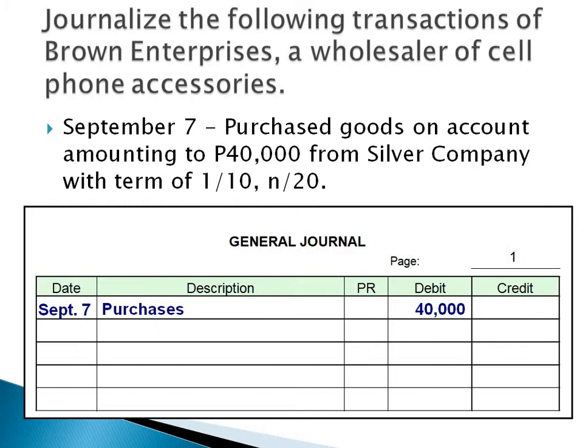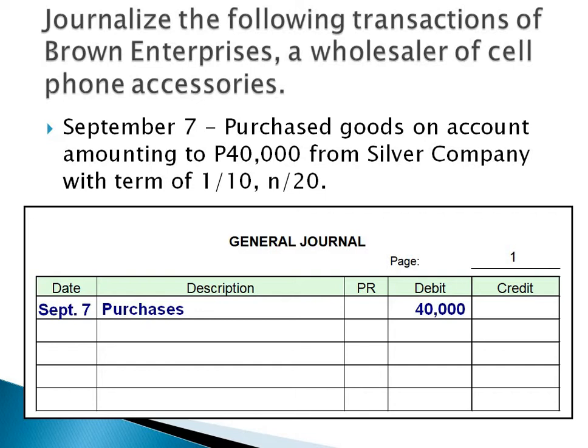Because the problem is silent as to whether the periodic or perpetual inventory system is used by the business, then the assumption is we must account for the inventories using the periodic system, because the periodic system is the more common method.